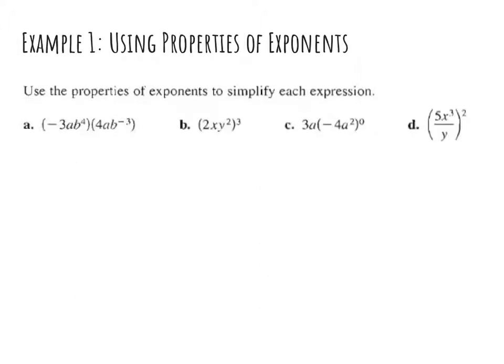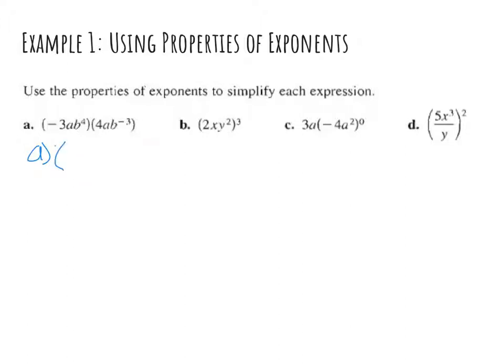So example 1, using properties of exponents. Here we can use properties of exponents to simplify each expression. Let's start off with example A. So I'm going to rewrite the values in example A so that our numbers and our variables are together.